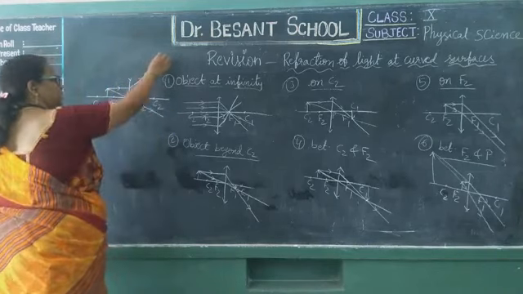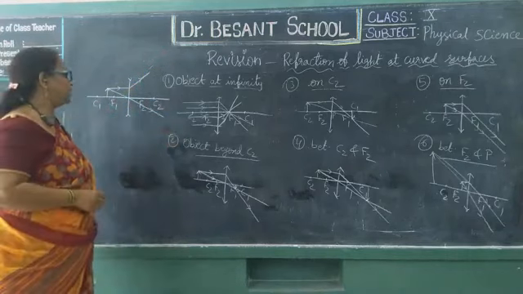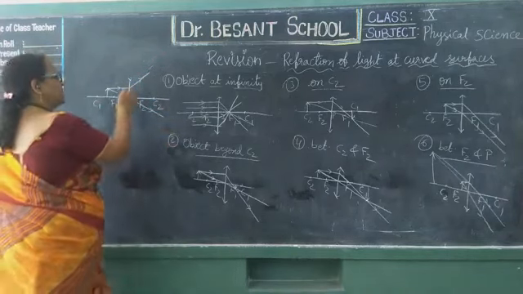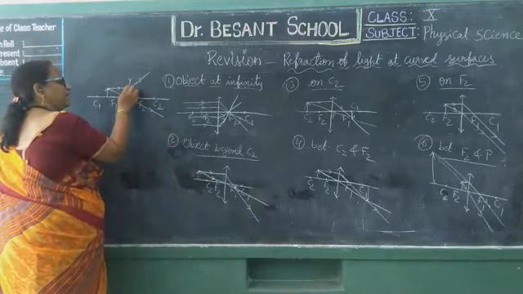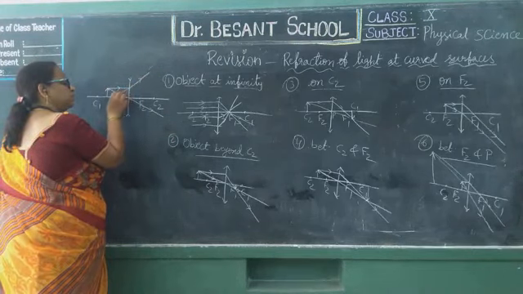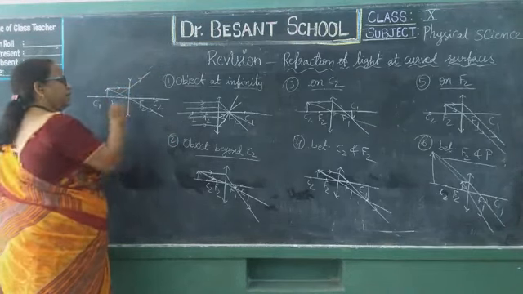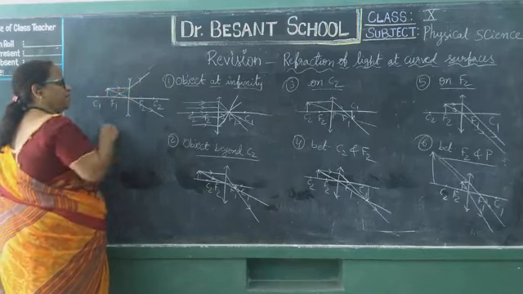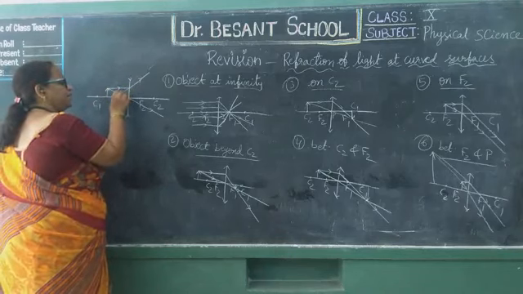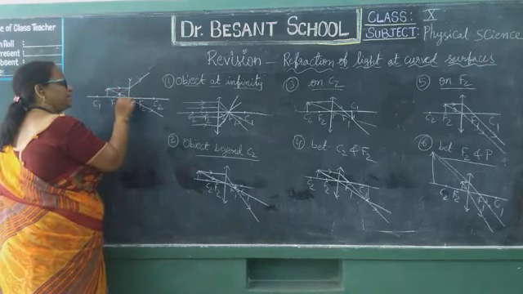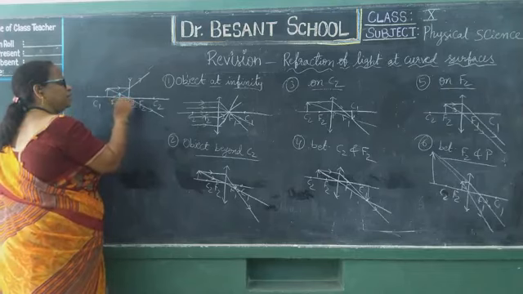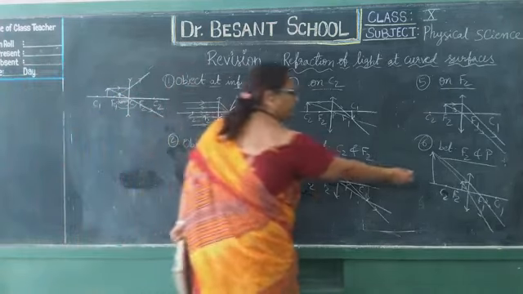See, this is one refracted ray, this is one refracted ray, isn't it? So extend this refracted ray backwards, which will meet at focus, and here is the place where the two refracted rays are meeting. This is the place of formation of image. So observe this image and this image formed.